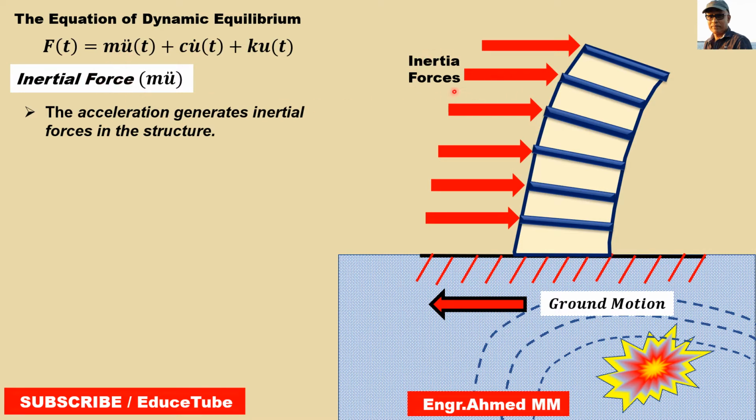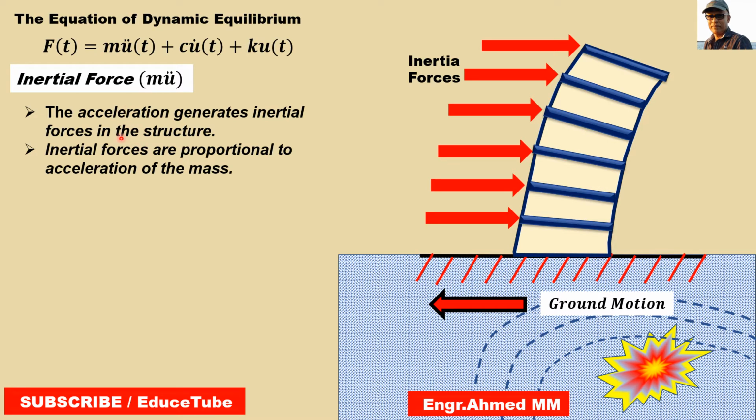We can see the inertial forces here, and also the ground motions. By seeing this term, we understand that inertial forces are proportional to the acceleration of the mass. That is why we have taken this term in the equation of dynamic equilibrium.